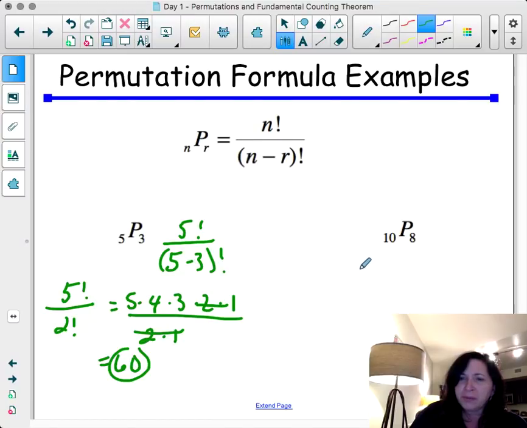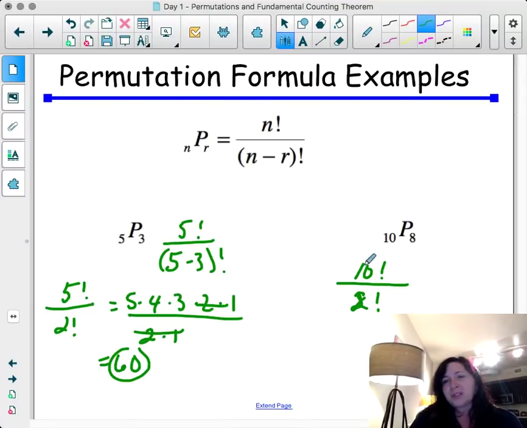For this one, we start off with 10 factorial, and that's over 10 minus 8, which is 2 factorial. So that actually is going to be quite a large number. You've got 10 times 9 times 8, 7, 6, 5, 4, 3, and 2's will cancel.